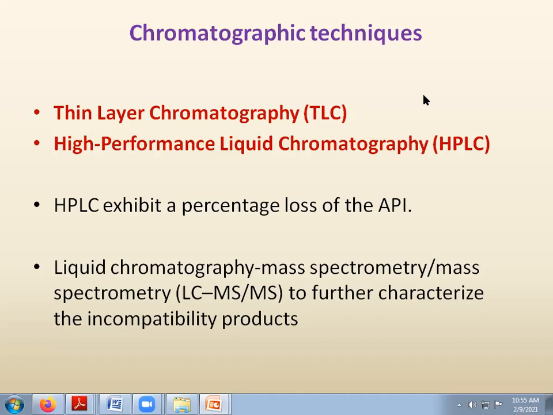With the principle of mass spectroscopy, we get different ions according to their mass to charge ratio, and we can say which group is there, or by analyzing such mass to charge ratios, we can determine the structures also. So this is again one of the advanced technologies we use when we talk about chromatographic techniques.